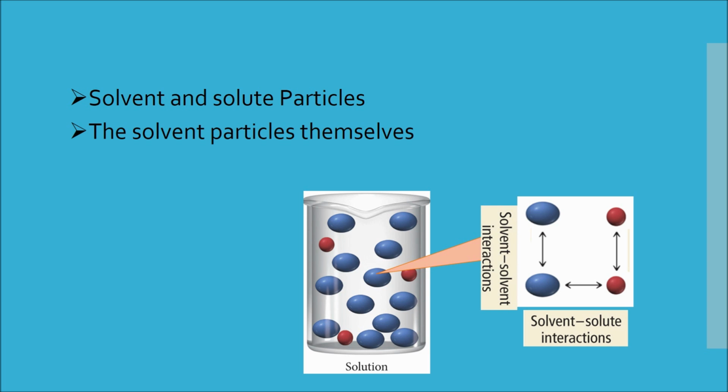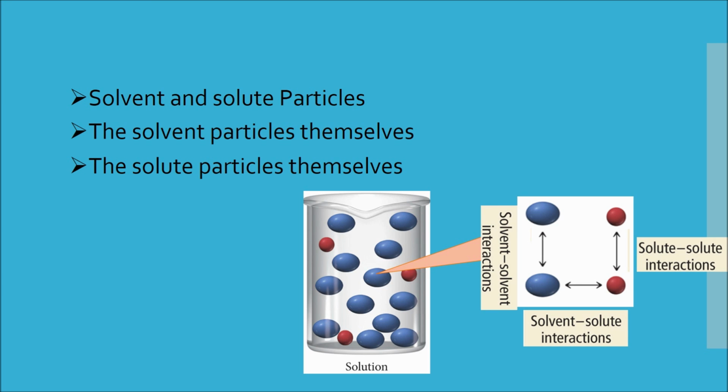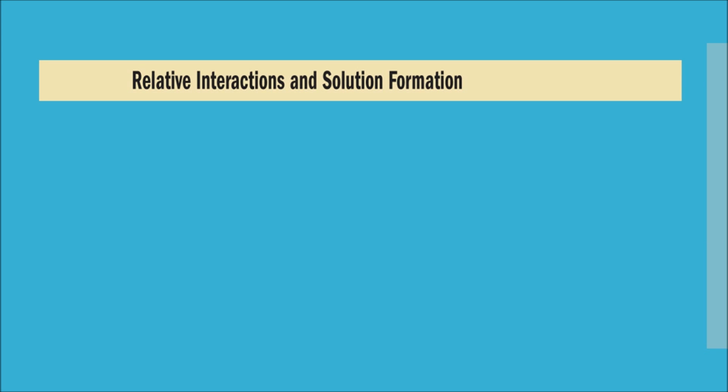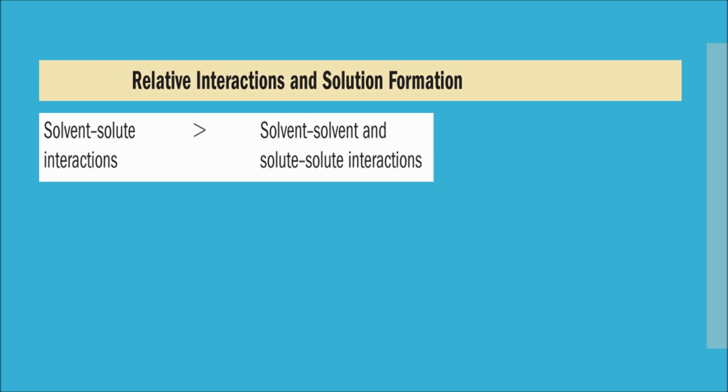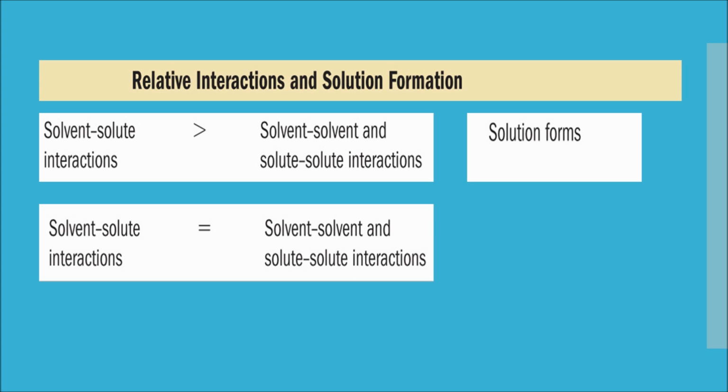The solvent and the solute particles are interacting, the solvent particles are interacting with themselves, and the solute particles are also interacting with each other. If the solute-solvent interactions are greater than the solvent-solvent interactions and the solute-solute interactions, then a solution will be formed.